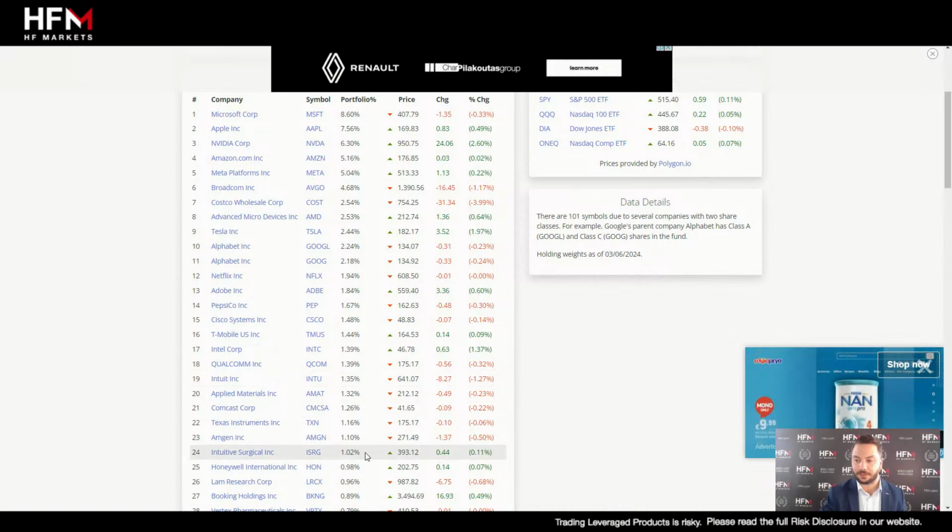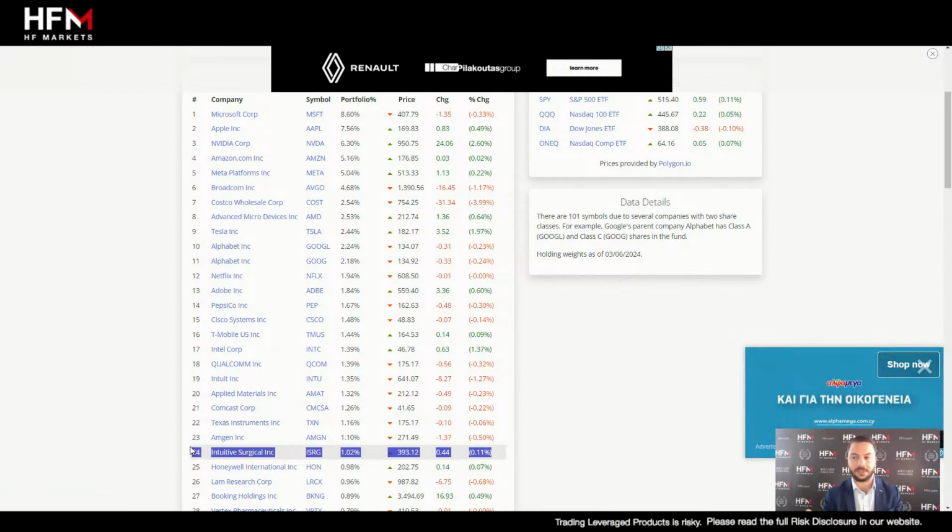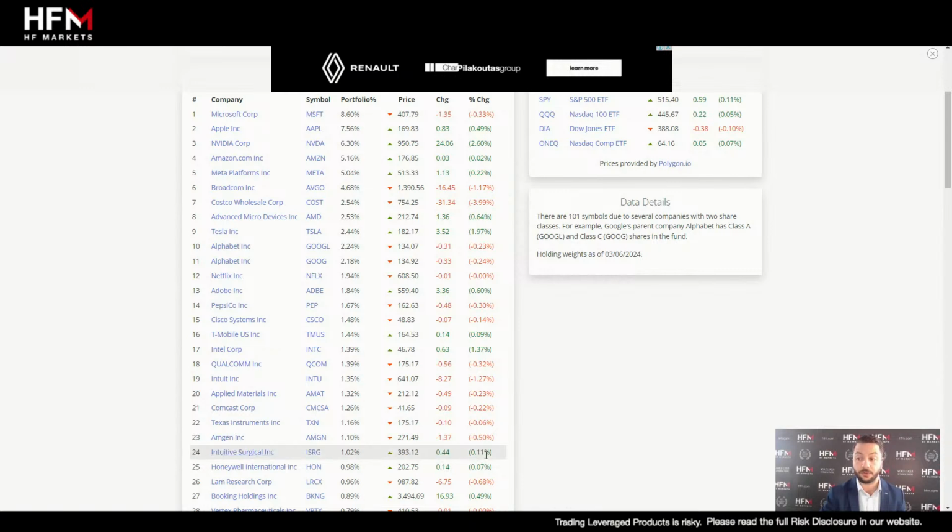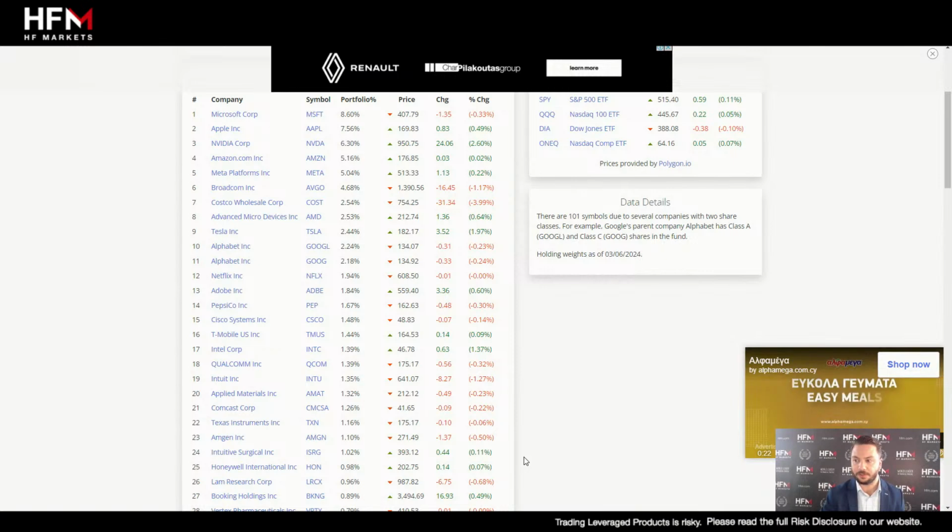Another theory, though, ladies and gentlemen, is to analyze and take into consideration all stocks above 1%. So stocks which are exposed 1% and above. So that's taking into consideration the 24 most influential stocks. But that can change, ladies and gentlemen, so keep that in mind.